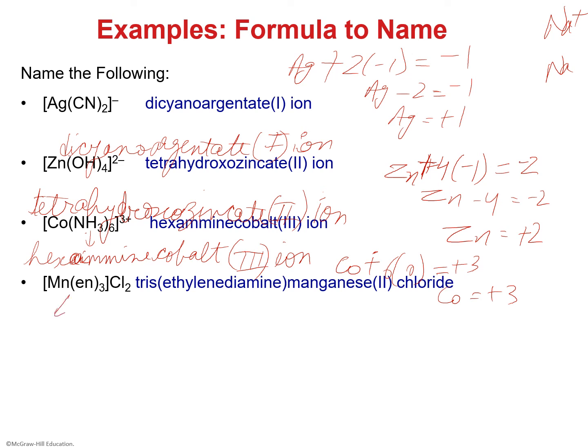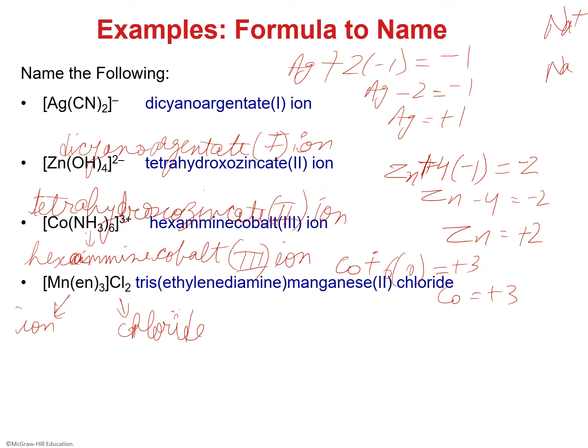What is the name of the cation? That is an ion, so I'll have to name it separately. What is the name of the anion? Chloride. That never changes, right? NaCl, sodium chloride. So this is the name of the anion, chloride. This is outside the complex ion, so we don't make it chloro, it stays as chloride. Whatever is inside, that naming changes. So let's name this.